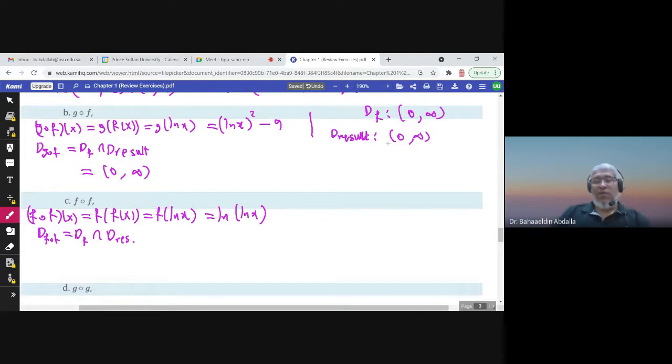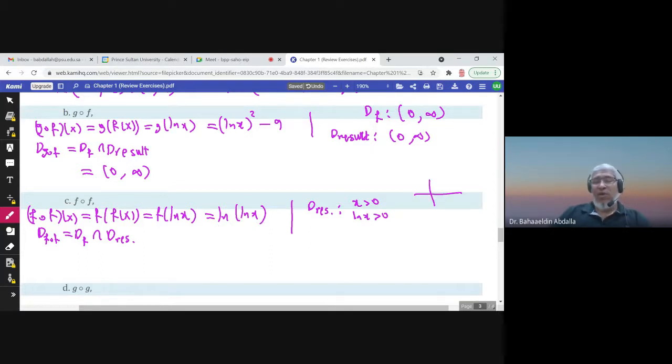We have the domain of f from 0 to infinity. Let us try to find the domain of the result. Well, x should be greater than 0 for this function. And now ln x should also be greater than 0, because ln of ln x.